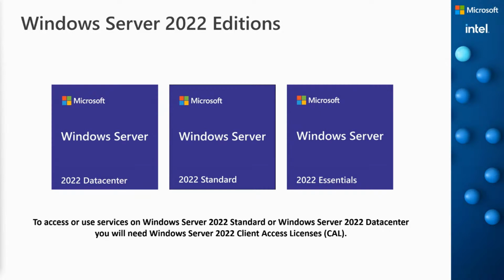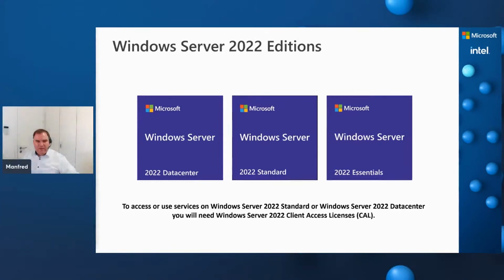And we have included one virtual Windows Server usage right, not two like we have it in Windows Server Standard, and not unlimited like we have it in Datacenter. So one virtual Windows Server usage right, and Essentials is only available as an OEM license, and we don't need any client access licenses.